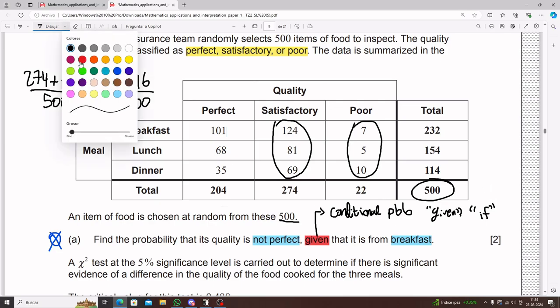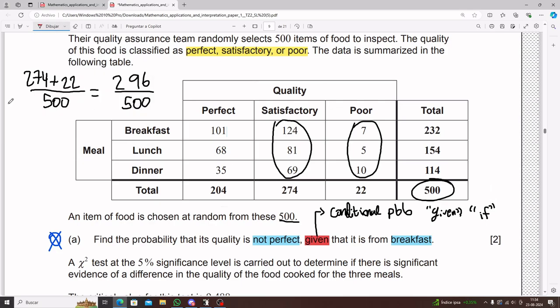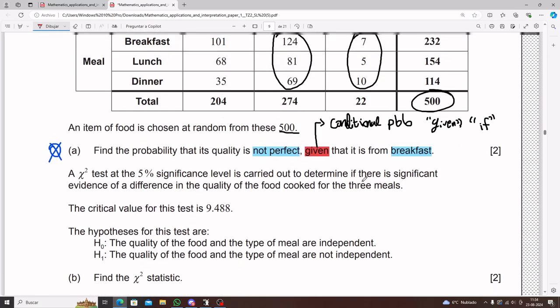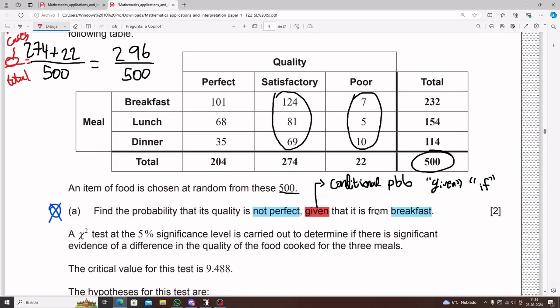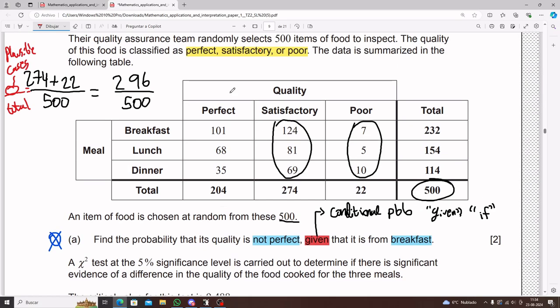Notice in my original approach, I put the total on the bottom. This is usually how probability goes. You put the total on the bottom, where you're picking from, and up top, you put your plausible cases. So, given that it is from breakfast, how does this change my total?